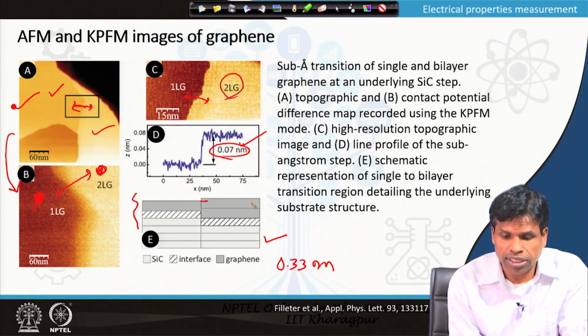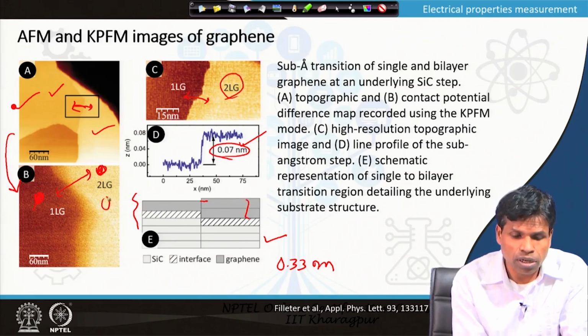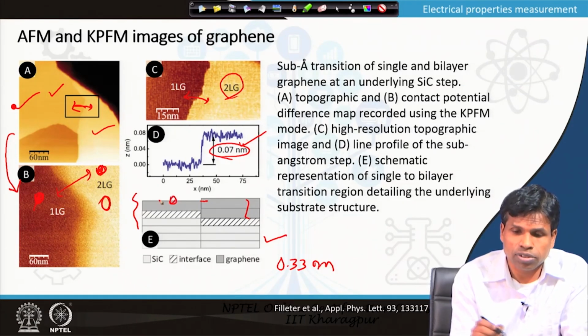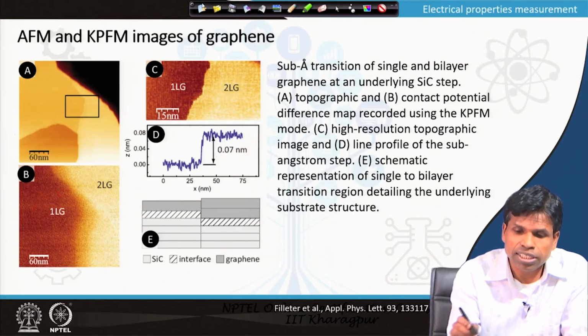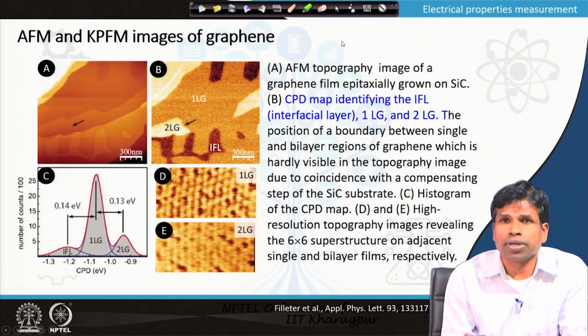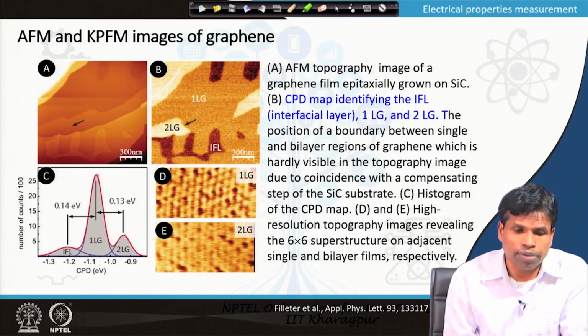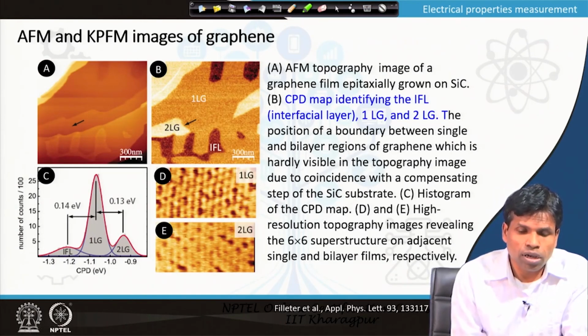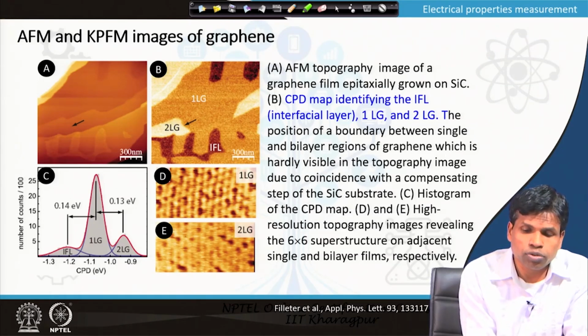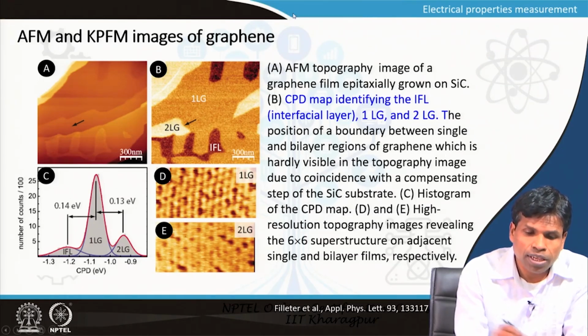on this side there are two layers of graphene with a different surface potential, and on the left side there is one layer of graphene with a different surface potential. This can be confirmed by Kelvin force microscopy, which cannot be obtained from the simple topography of the AFM. It is the same sample as you see in the topography image on the left side.